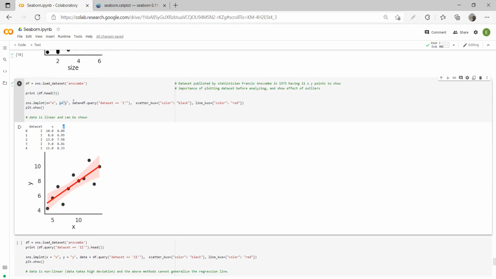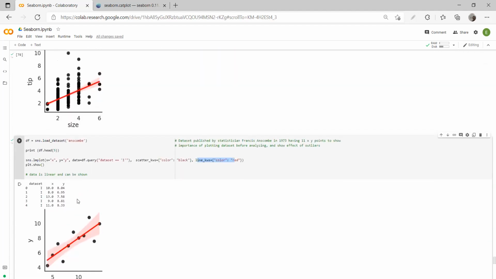For the data set column, we are only taking data set I, the first data set. We are not taking all the data sets. We are showing it with black points and a red line. And we can see that the data is linear. The data he has given here is linear data, right?